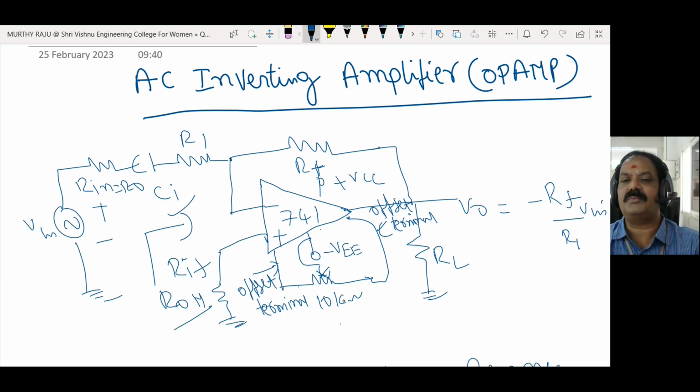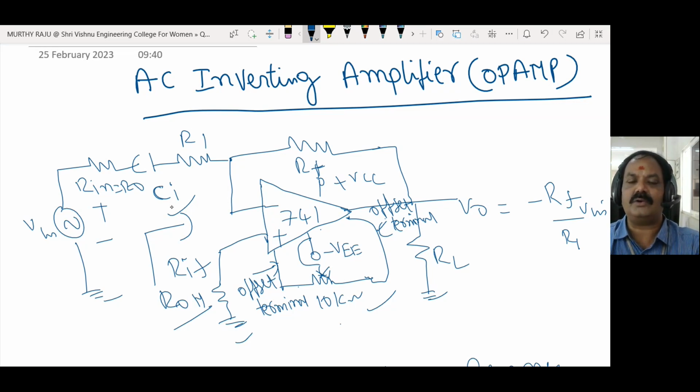By using these two, it is very important. The coupling capacitor CA is used to couple the input signal to the inverting terminal of the op-amp.